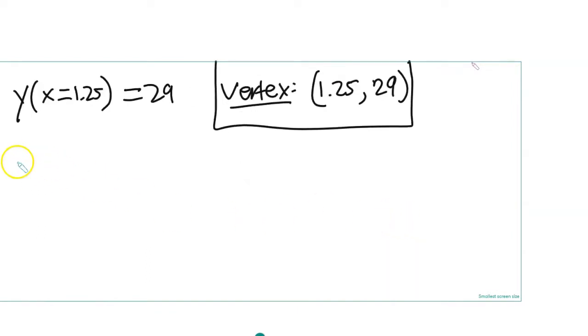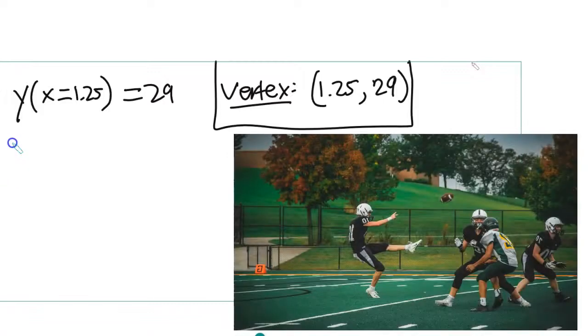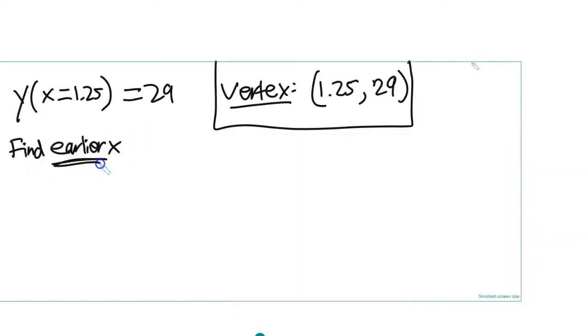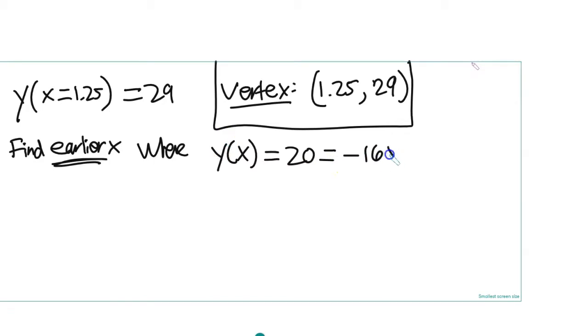Okay, so what we want to do is find the earlier x. So we're going to find the earlier value of x where y of x is equal to 20, which again is equal to our function, negative 16x squared plus 40x plus 4.